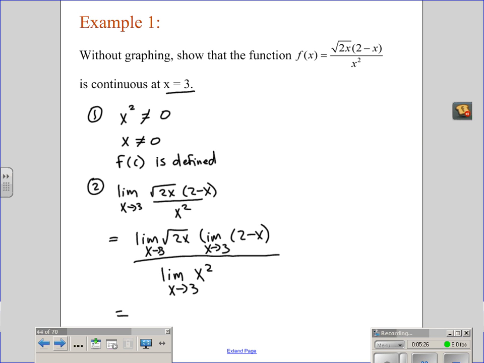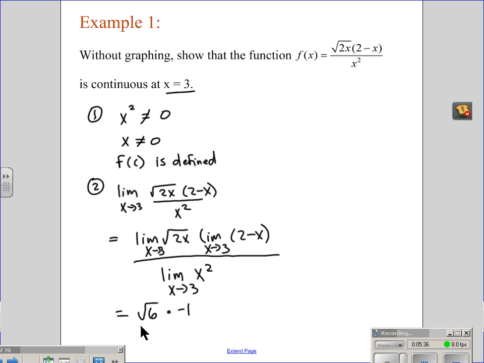We know that we're going to get root 6, and then we get negative 1 times negative 1. And that's going to be over 9, okay, which is going to give me negative root 6 over 9. Okay, so the limit does exist, and it's negative root 6 over 9.